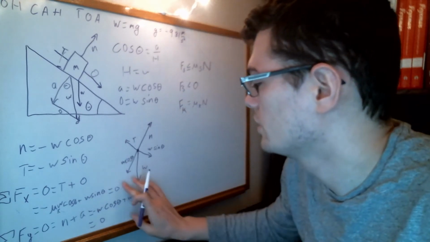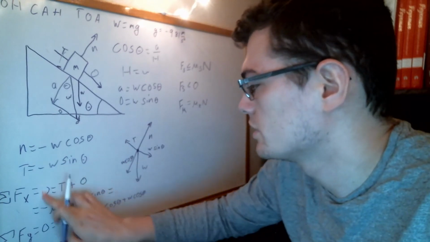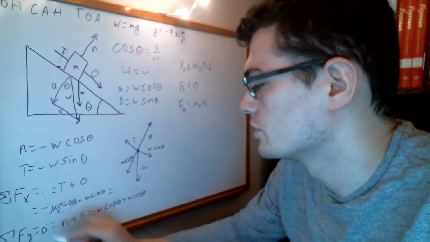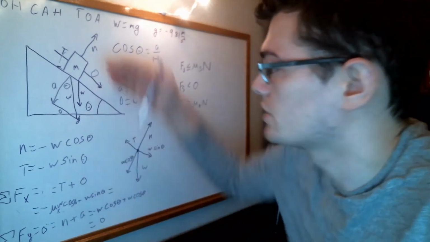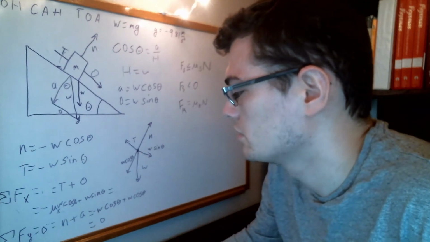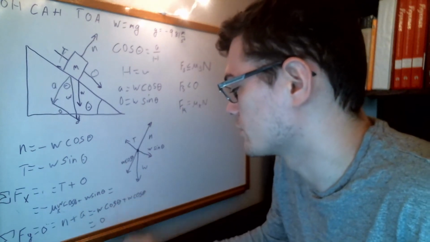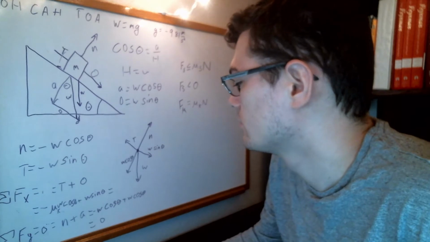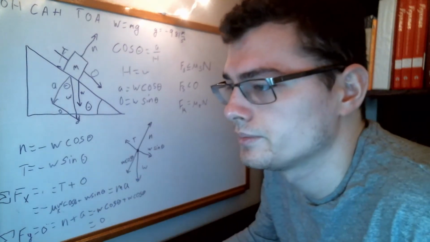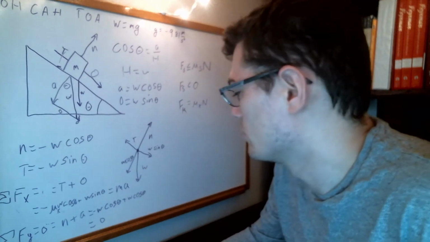Since this is no longer equal to 0, or at least this should still be equal to 0, because it's not going into the ramp, it's not flying off the ramp. So this still has to be 0, and this is still true. But now we have this, and this is going to be equal to ma, like we had before.